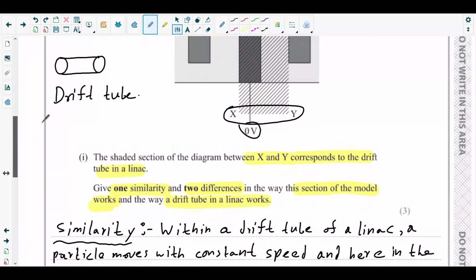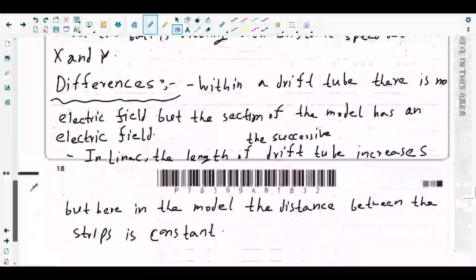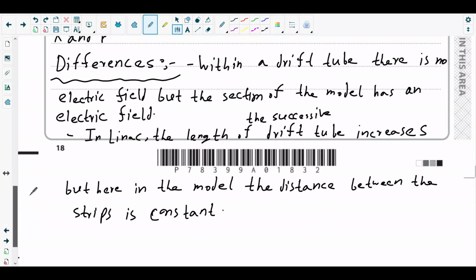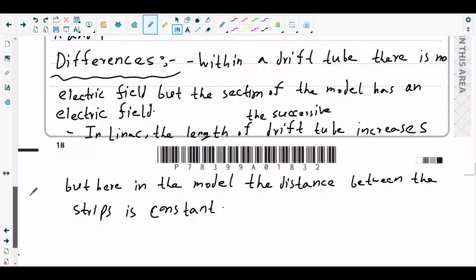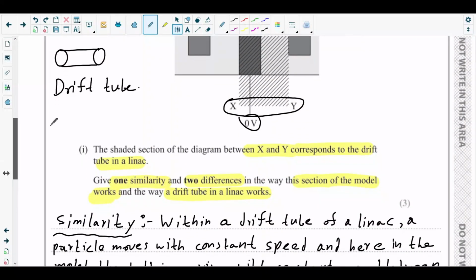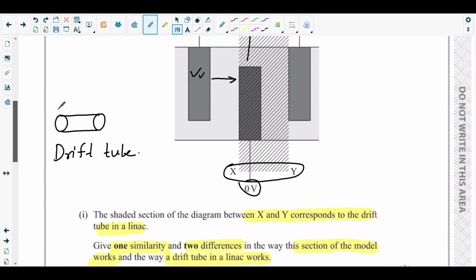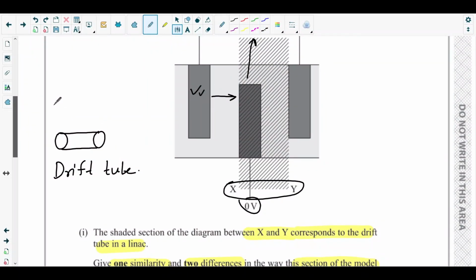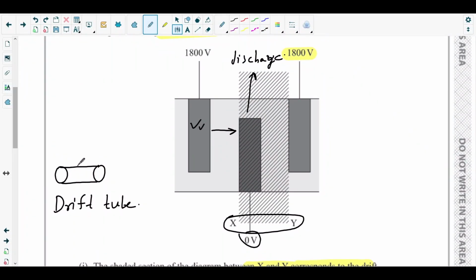And in case of differences you can say another difference here, which is the charge. Within a drift tube, the particle is basically charged. The particle is charged, the particle moves through the drift tube, right?